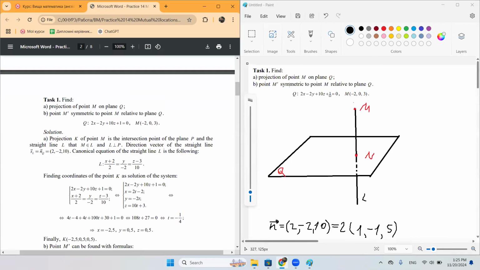And now we need to find point M' symmetric to the point M relative to the plane Q. So where is it located? Where should it be? How to find it? Any ideas? Analogically to what we were doing yesterday.